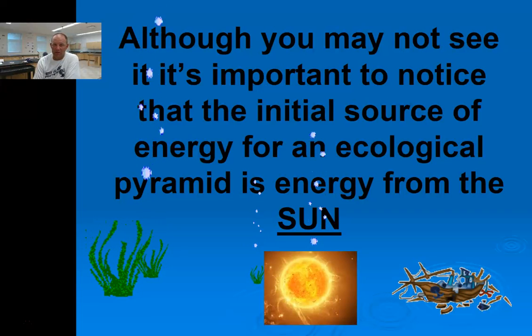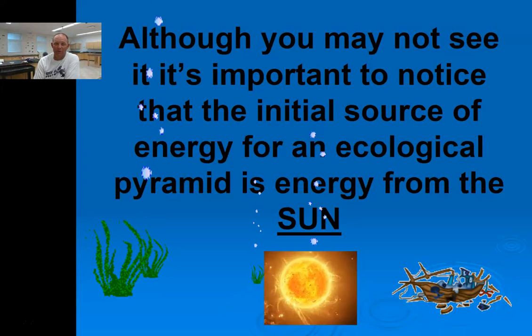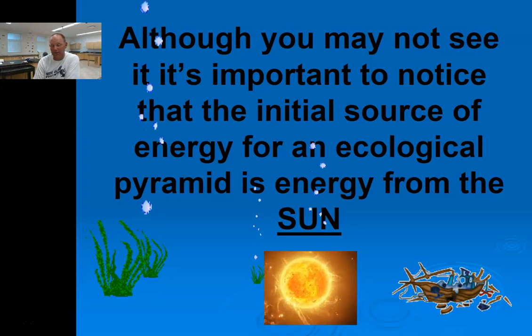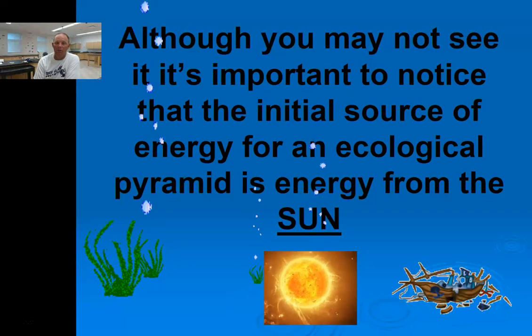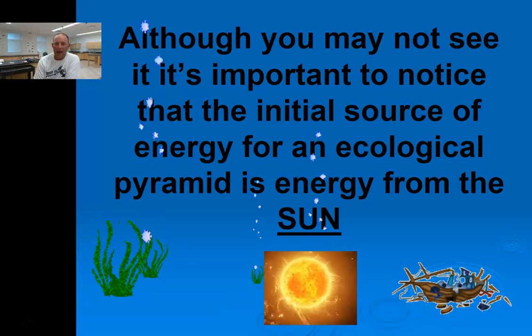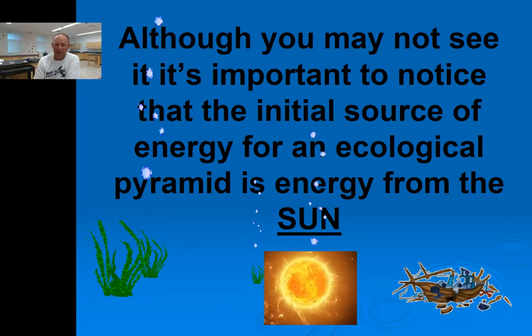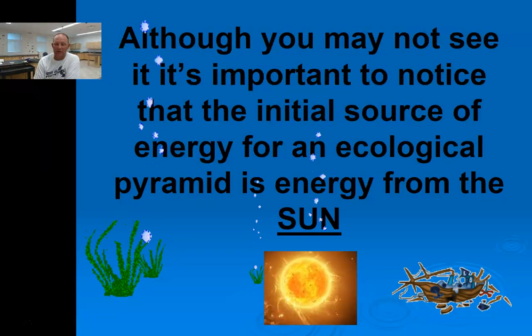The energy for me to get around right now probably came from that fresh fish that I ate last night that ate the plankton, that converted the energy very recently. But all of the energy for you to sit here and enjoy the sweltering heat or act like a fool came from the sun. I think that's a very important part for us to remember, that energy does indeed come from the sun.